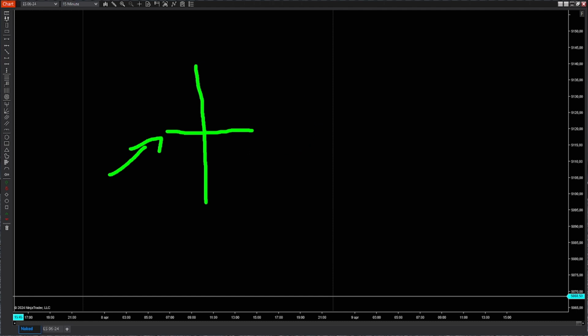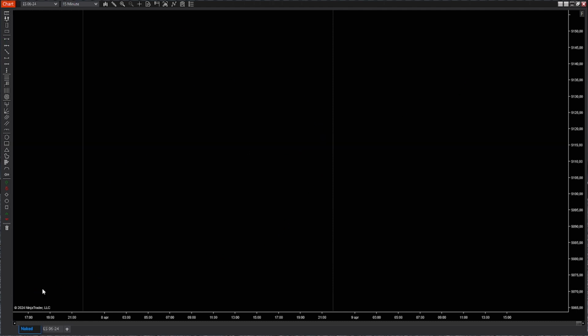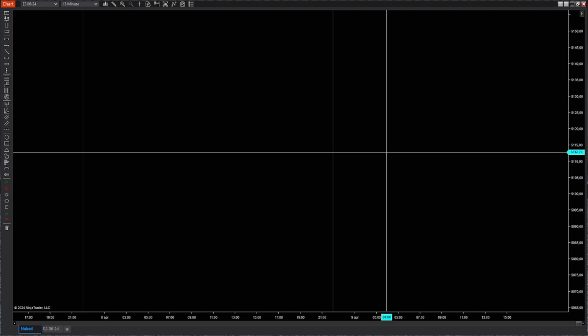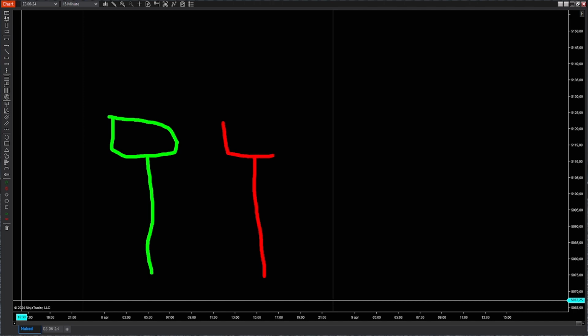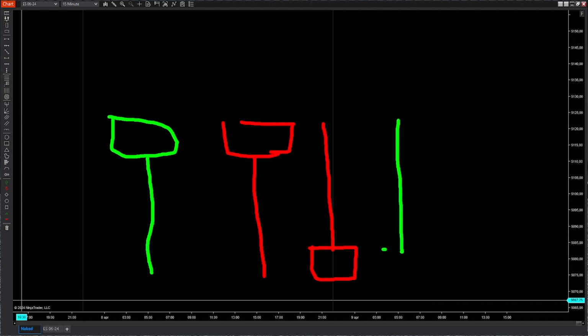Just like the hammer and the inverted hammer, it will signal a shift in market direction. I'm just going to draw them out once more. We can have a hammer, a bullish hammer, and we can have a bearish hammer, and we can also have an inverted hammer, and switch to green, inverted bearish hammer.